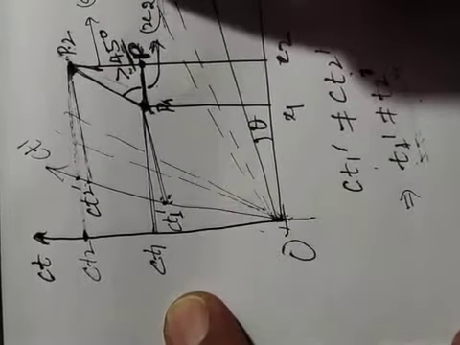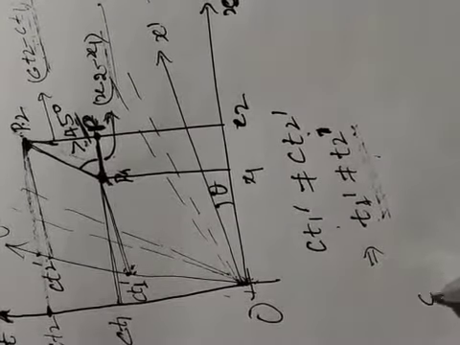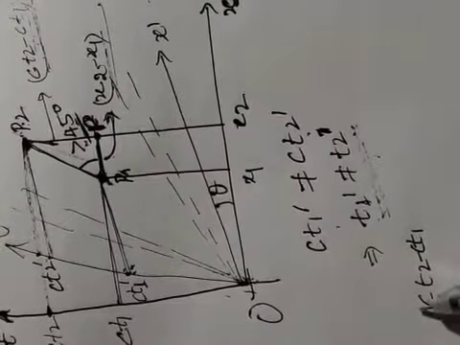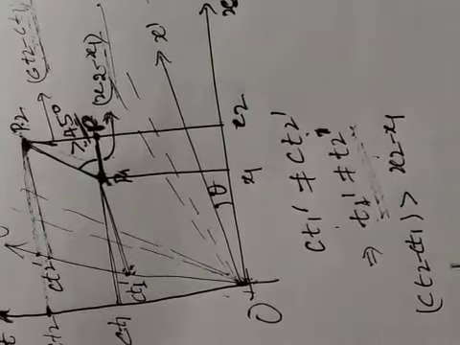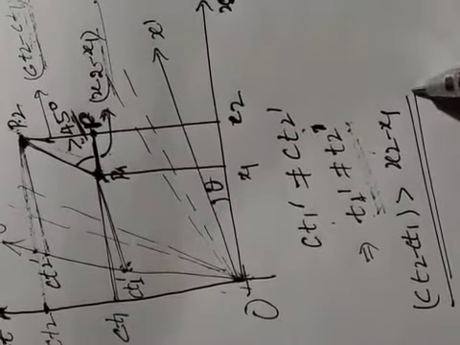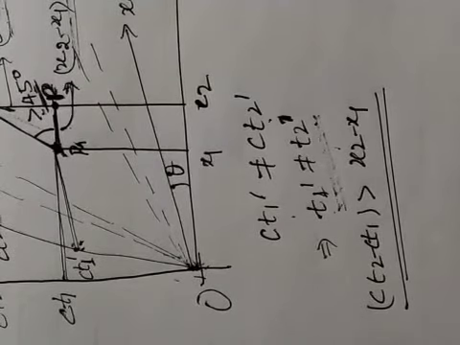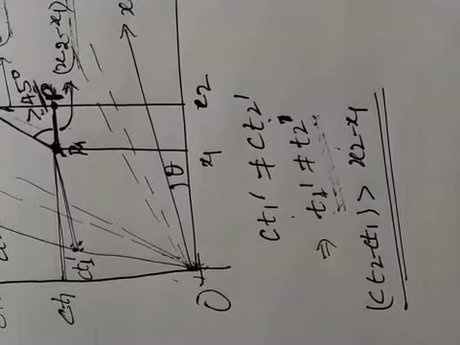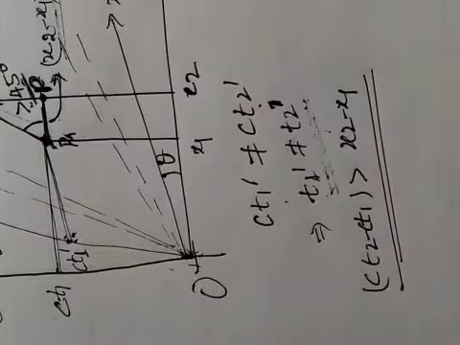From this result, I deduce that CT2 minus CT1 is always greater than x2 minus x1, and if this condition is followed, there is no such frame in S coordinates for which these two events are occurring simultaneously.